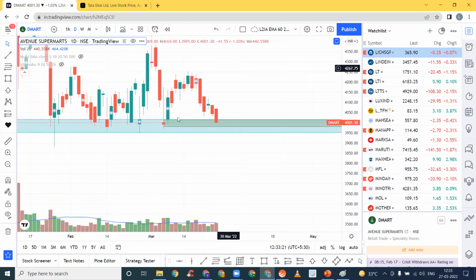Now, if you want to see, it happened here, here, and it was bought again here. So at the same level, there are multiple times this stock has come, taken support and gone up. So there is a good amount of buying happening in Avenue Supermarts, DMart. It can be big investors.